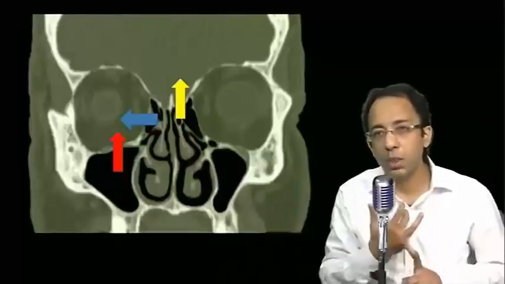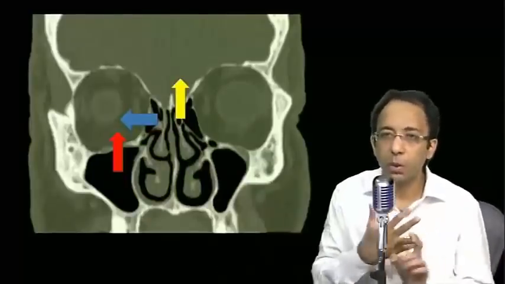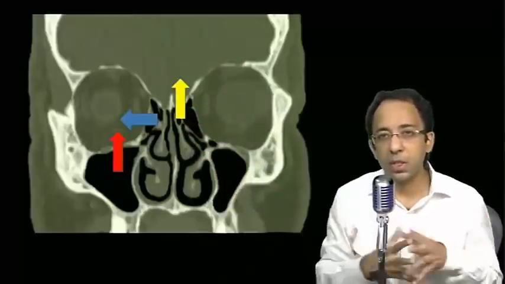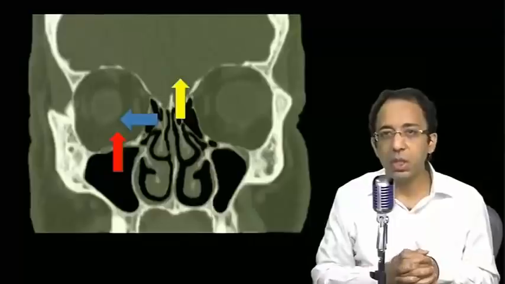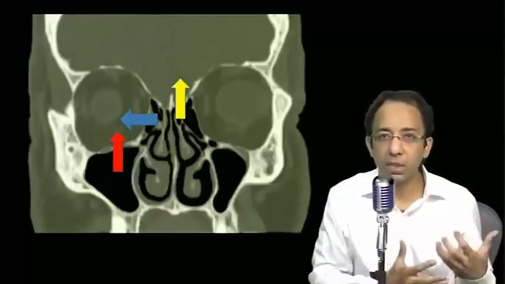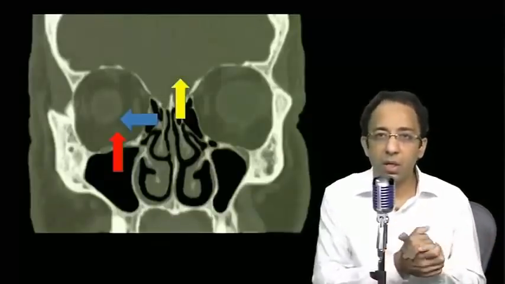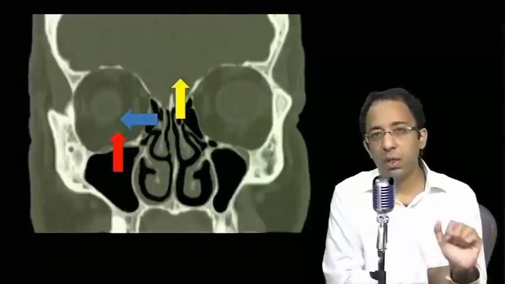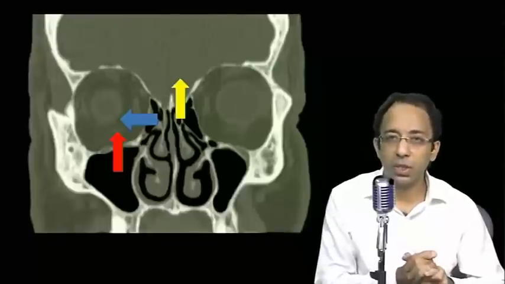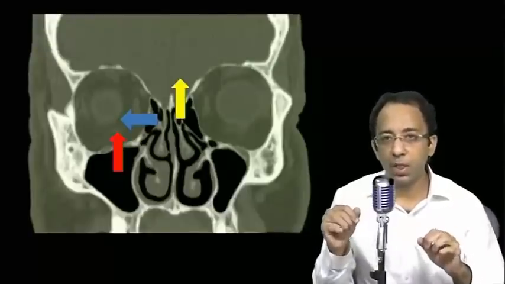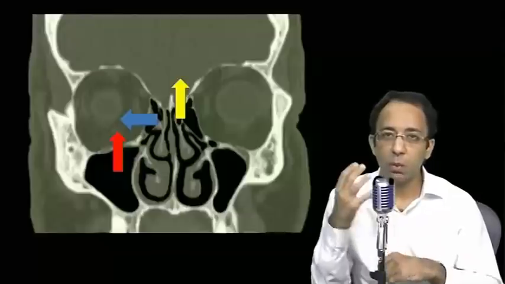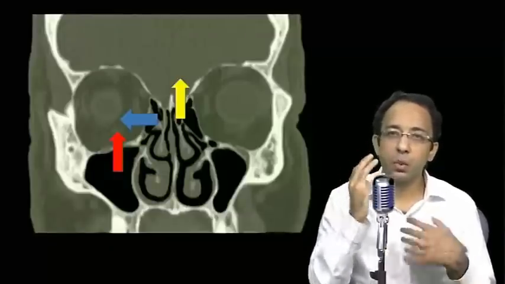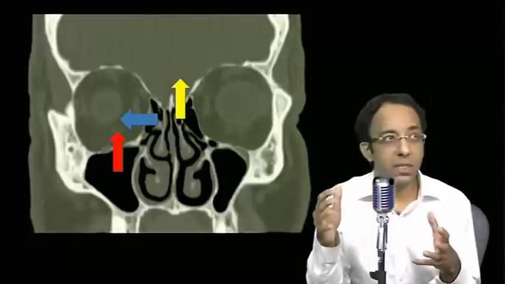So you may have orbital cellulitis, you can have optic neuritis, or you can have intracranial or intracerebral invasion, which can lead to cerebritis, brain abscess formation, and it can even go to the cavernous sinus, leading to cavernous sinus thrombosis or vascular thrombosis and vascular complications as well. From the sinus it can also go to the subcutaneous tissue. So the important thing here is invasion.